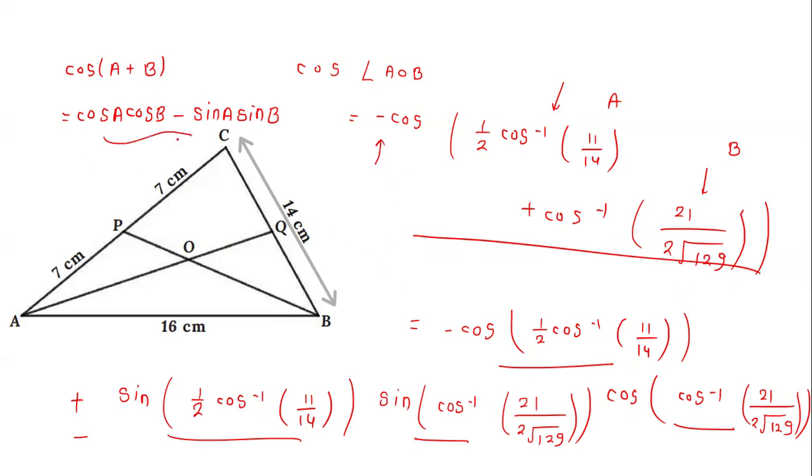After multiplying by the minus sign, it will come like minus of cos A cos B plus sin A sin B. So in this way we can write this.